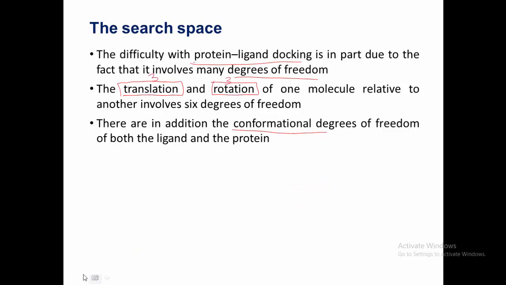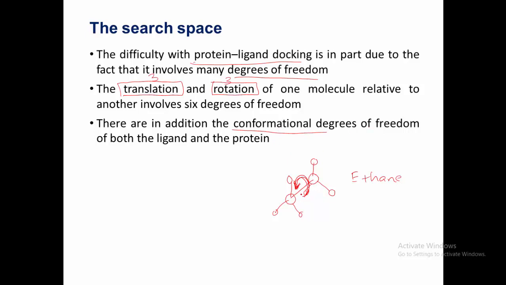For example, if this is your compound, this is an atom, this is another carbon atom, and this is hydrogen. Assume that this compound is ethane. So rotation about this bond is the conformational degree of freedom.